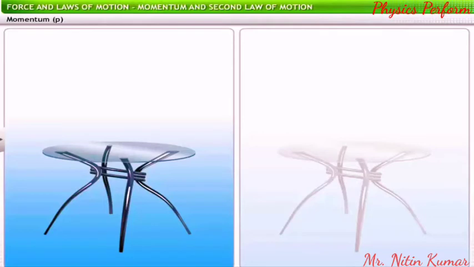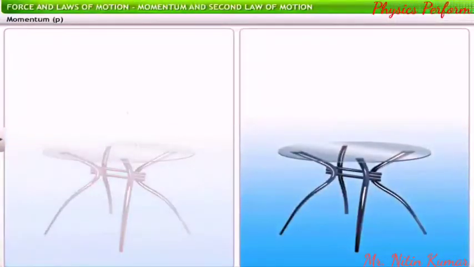To analyze the concept of momentum, let's compare the impact of moving objects in different situations. Observe the marble dropped onto the thin glass pane below. The glass pane is intact.